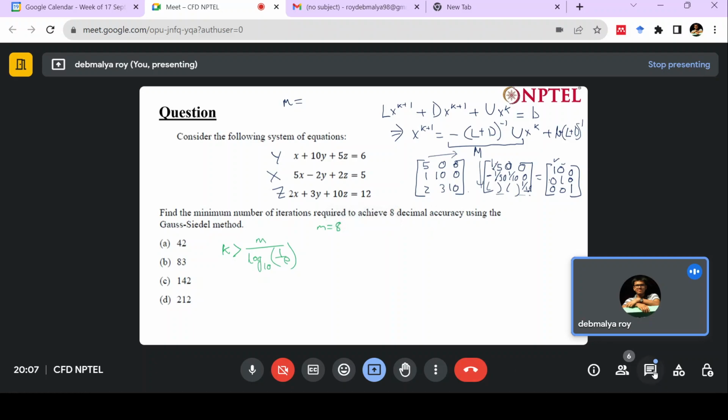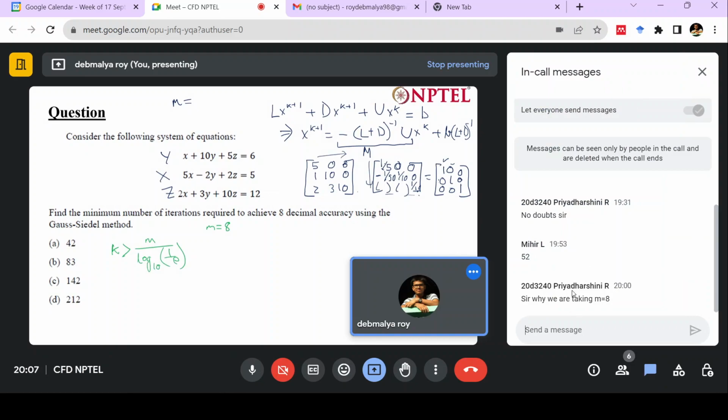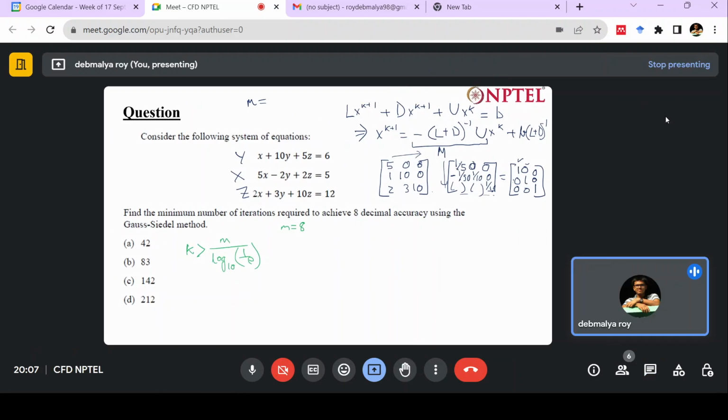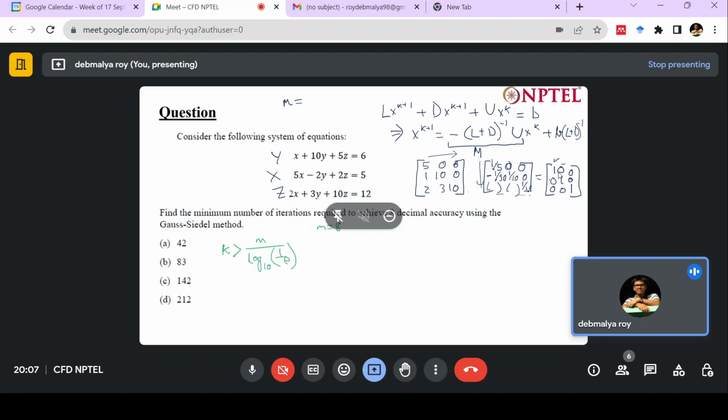Okay. Does someone have some question? Why are we taking m is equal to 8? The small m is basically what we have to achieve, the 8 decimal place accuracy. So this just denotes the accuracy. What is 8 decimal place accuracy?